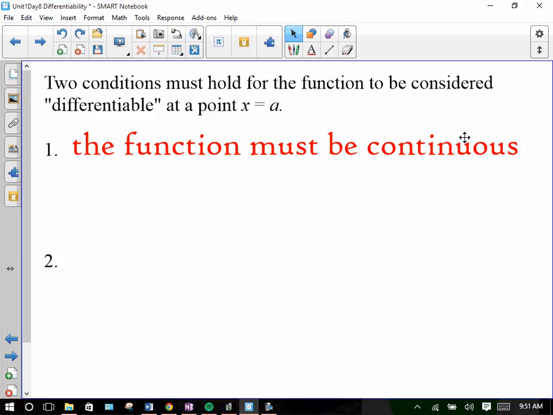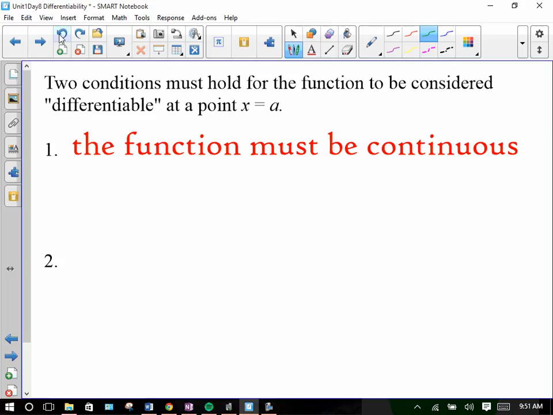Second one is, I'm not going to use a bunch of mathematical words, I'm going to use easy words that you guys understand.